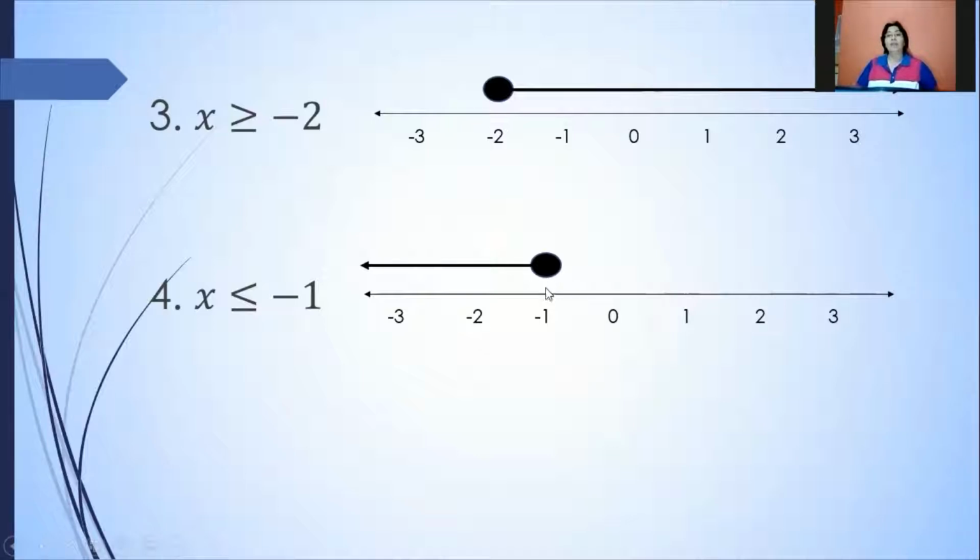All the numbers immediately after -1 to the left are the possible solutions of x, down to negative infinity. All the real numbers less than or equal to -1.